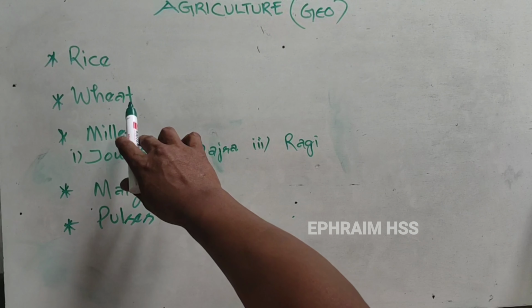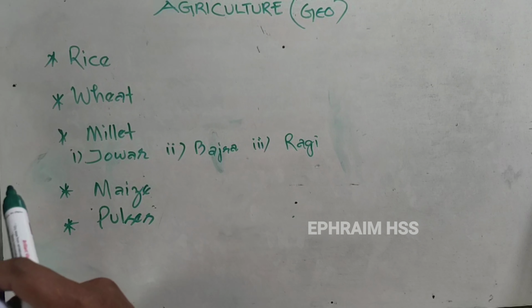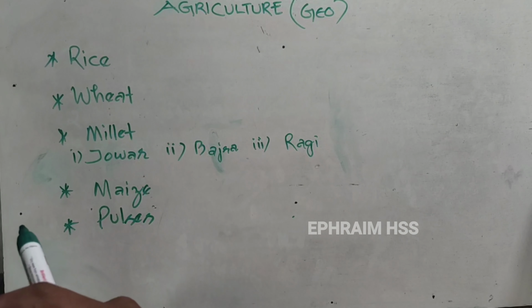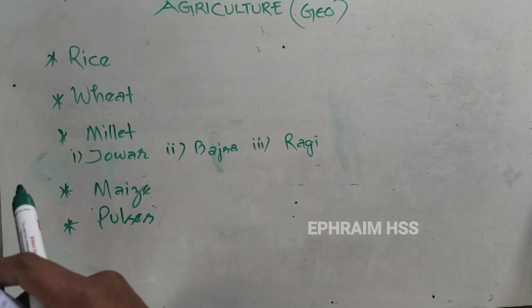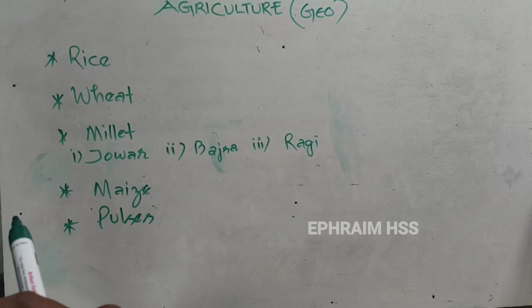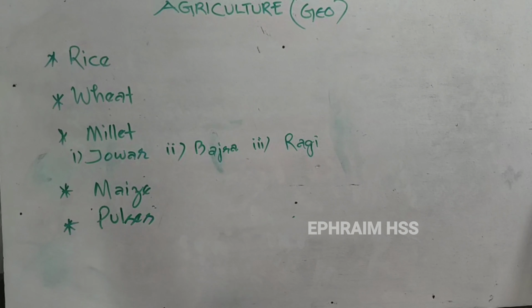The next one, that is wheat. It is the second most important food crop grown in India after rice. And unlike rice, it is a Rabi crop, and for the growth of wheat, the temperature required is 10 degrees Celsius to 15 degrees Celsius, and about 20 degrees Celsius to 25 degrees Celsius at the time of harvest.